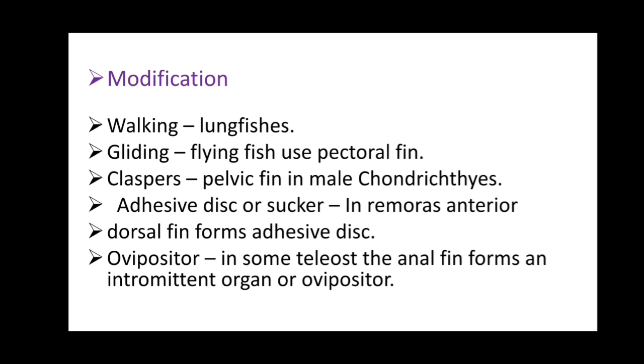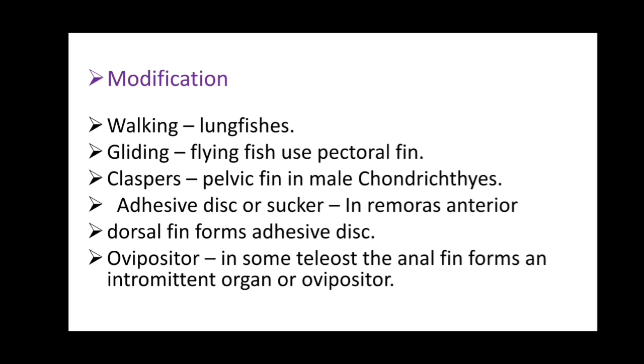Next is the adhesive disc or sucker. In some fishes, for example remoras, the anterior dorsal fin forms an adhesive disc or sucker, again a modification of the fin. The next modification is the ovipositor.